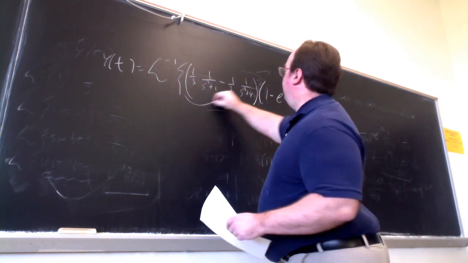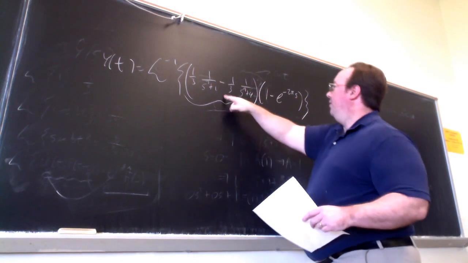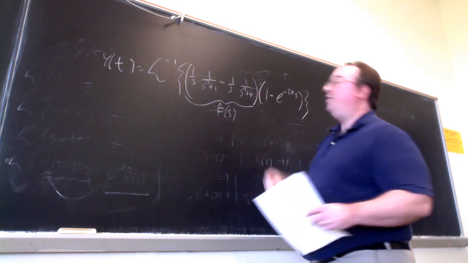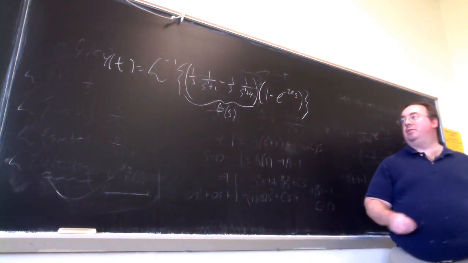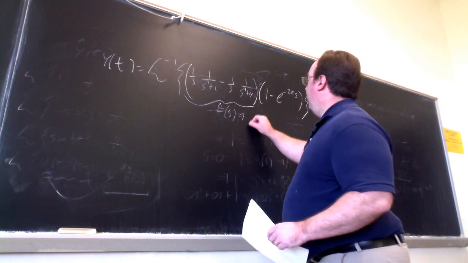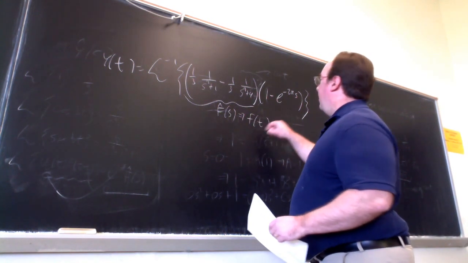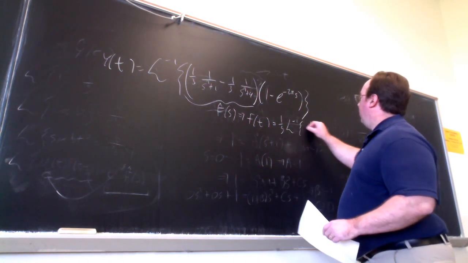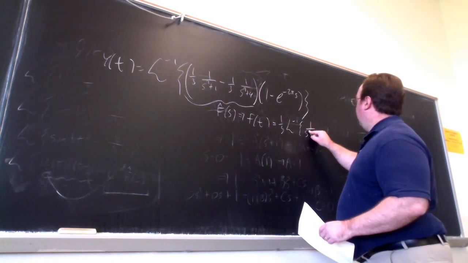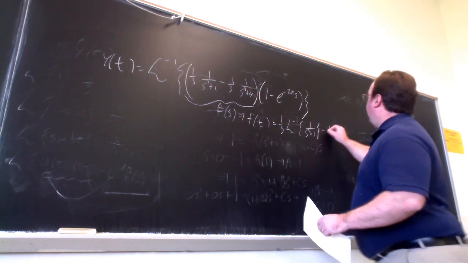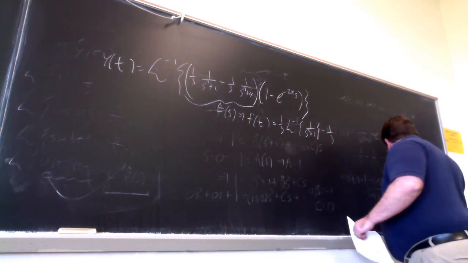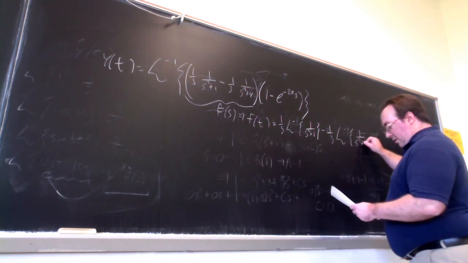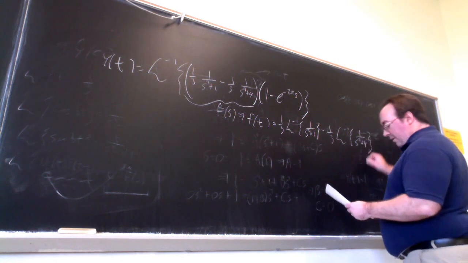So if I call this part, just without these fractions, f hat of s, we need to inverse transform that in order to be able to do anything else. So for f of t, we're going to have a 1/3 inverse transform of 1 over s squared plus 1, minus 1/3 inverse transform of 1 over s squared plus 4.